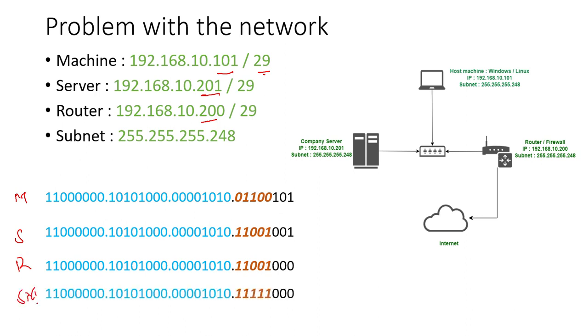These are the 5 bits which we borrowed, and if you look at these 5 bits, you will find that the 5 bits of the machine have a different combination, and the 5 bits for the server and the router have a different combination.